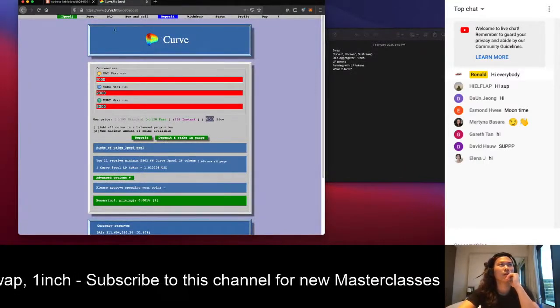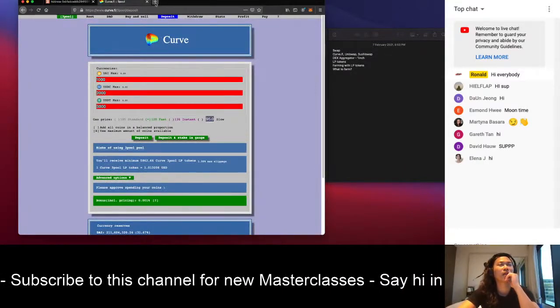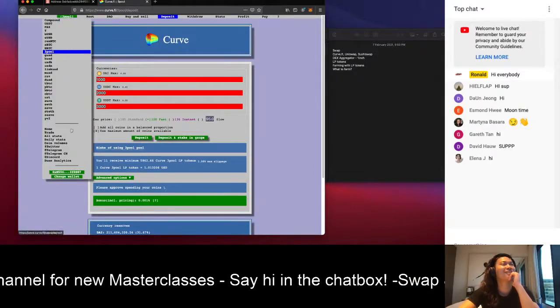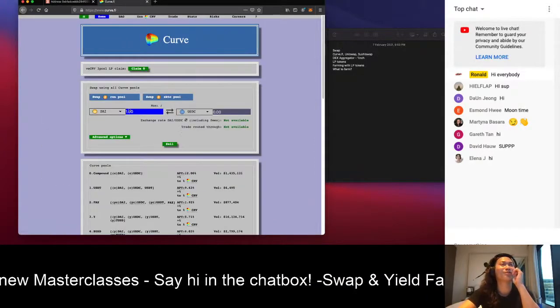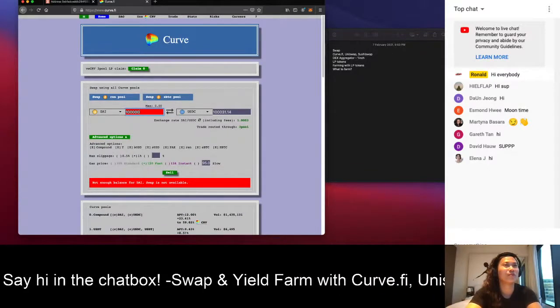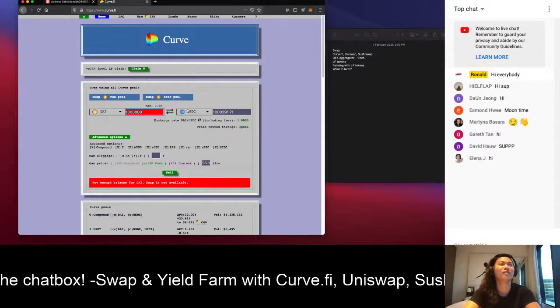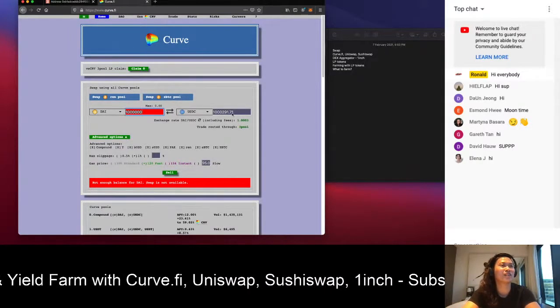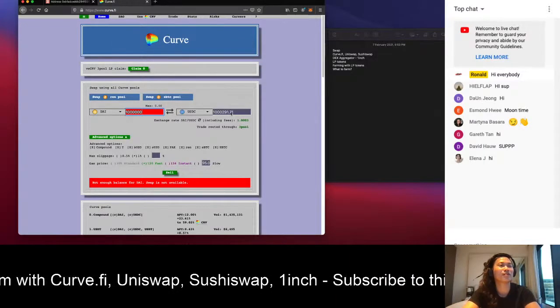So what interests you in Curve is that if you are a millionaire, then Curve is the best place for you to trade. For example, 1 million DAI to USDC, right? And the slippage is almost nothing, which is impressive.